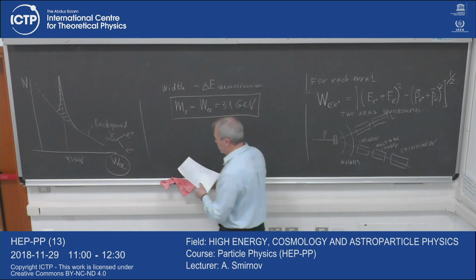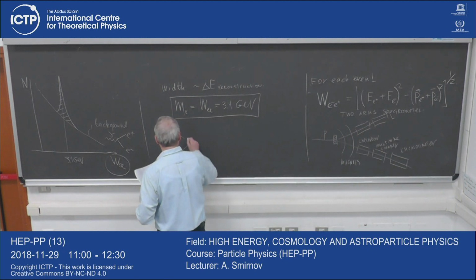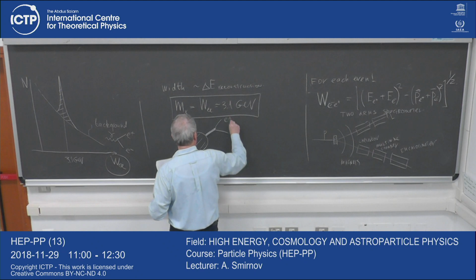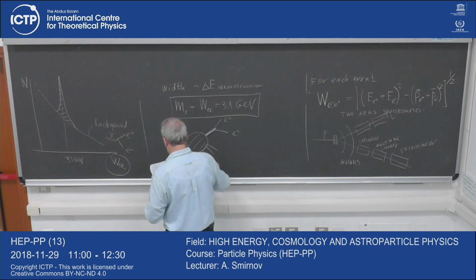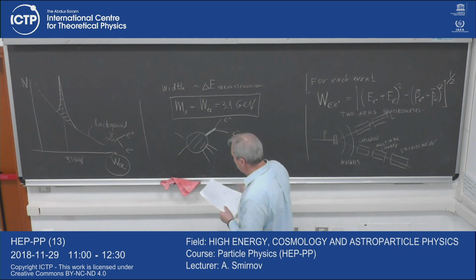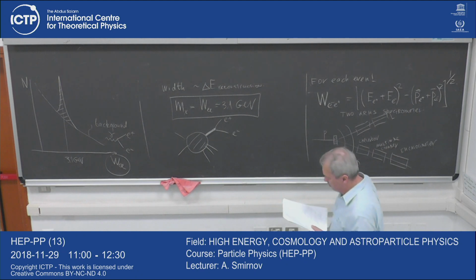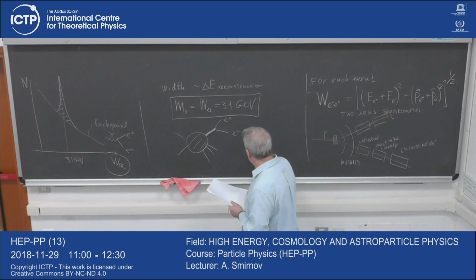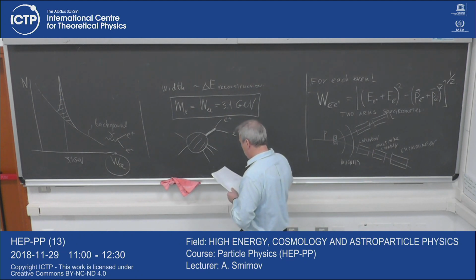And so the interpretation is that you have production of this new particle, which then decays into e plus and e minus. So the mass is 3.1 GeV. So this is the decay channel. And the gamma of this new particle, let me put it immediately. This particle was called J psi.